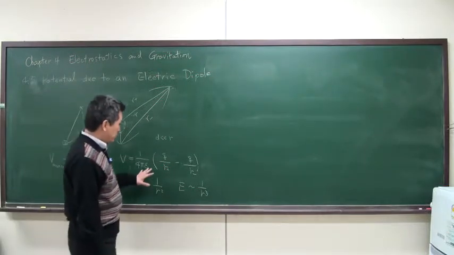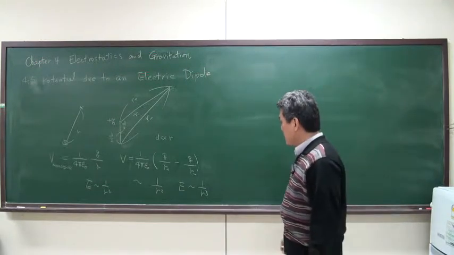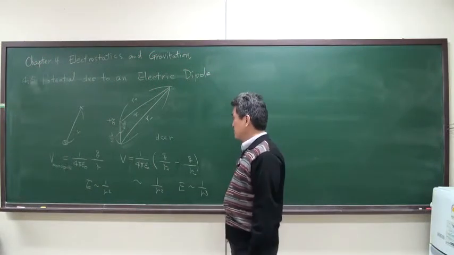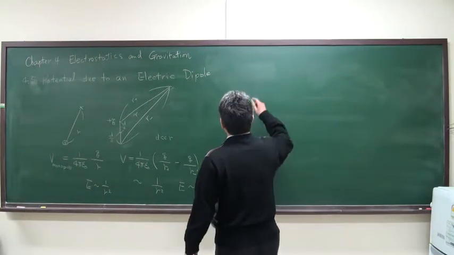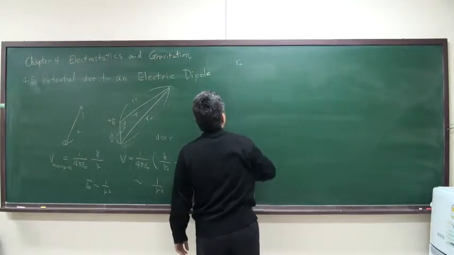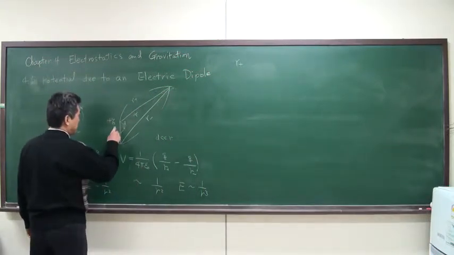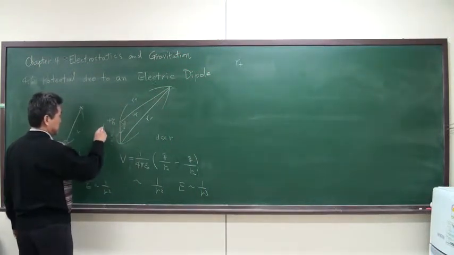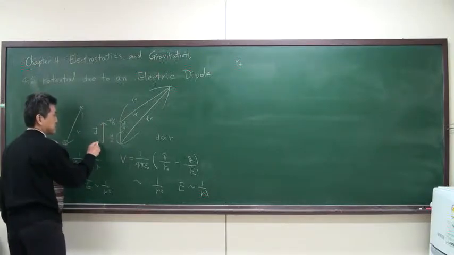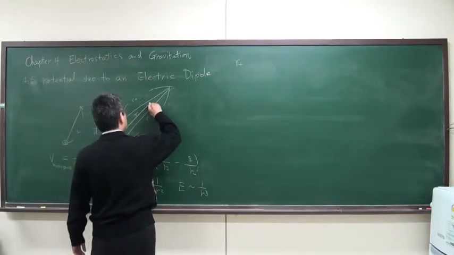So in order to study this, we need to expand this full formula. So let us find what these r plus and r minus are. First, let me define this one as d vector, displacement vector d, and this is r.